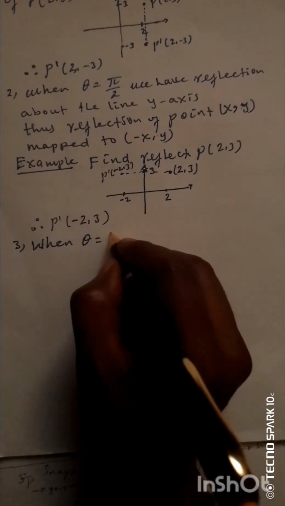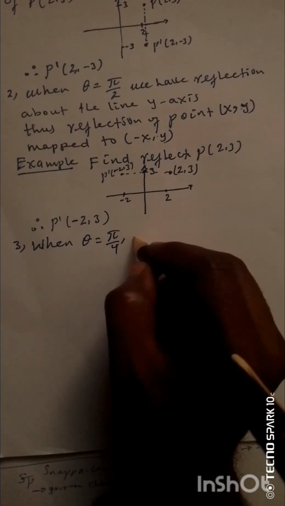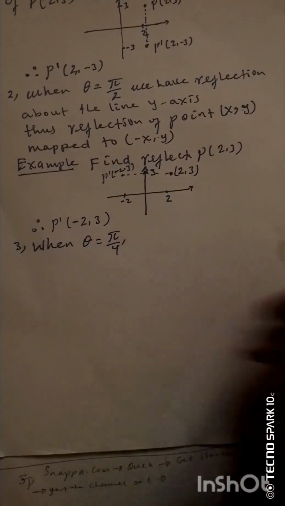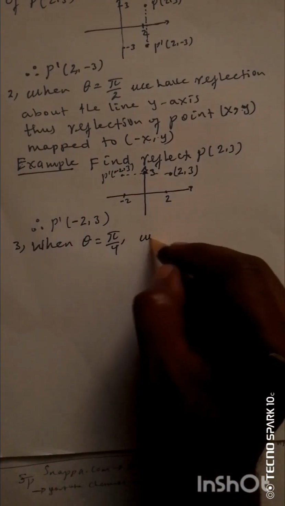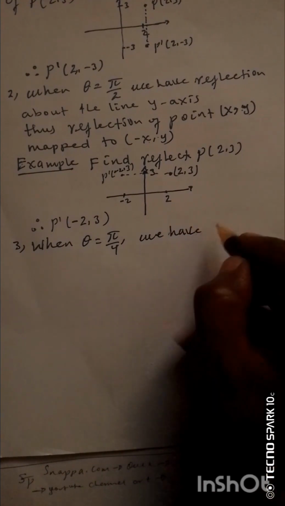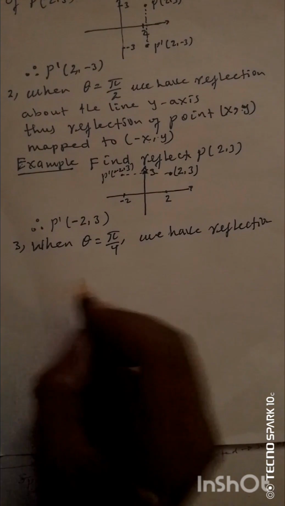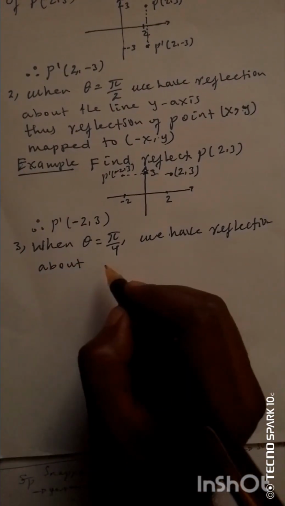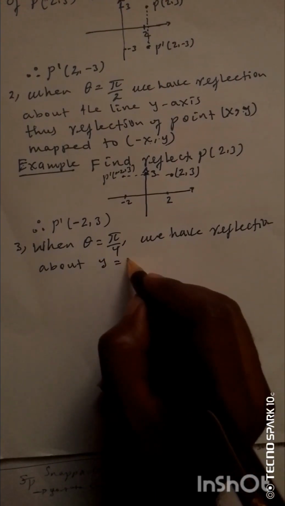The third special case is for theta is pi over 4. Theta is pi over 4 means 45 degrees that passes through the line y is equal to x. Hence the image of any point x, y in this line is mapped to y, x, simply interchanging x and y.